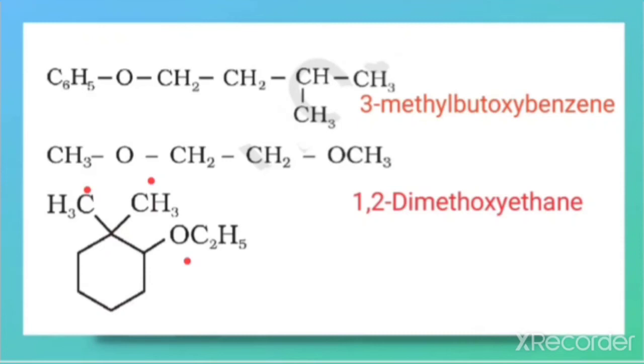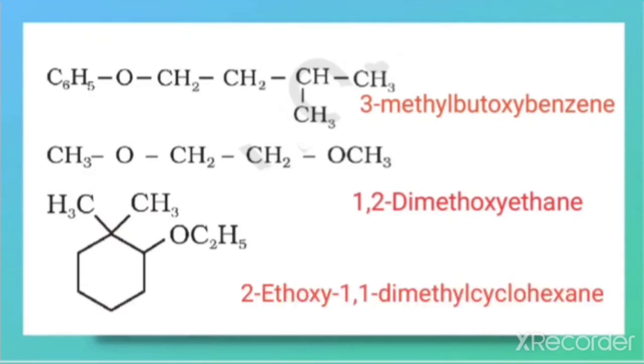Here 3 substituents are there, that is 2 methyl and 1 ethoxy. So in alphabetic order, ethoxy comes first. So the name is 2-ethoxy 1,1-dimethyl cyclohexane. This is the name for the structure.